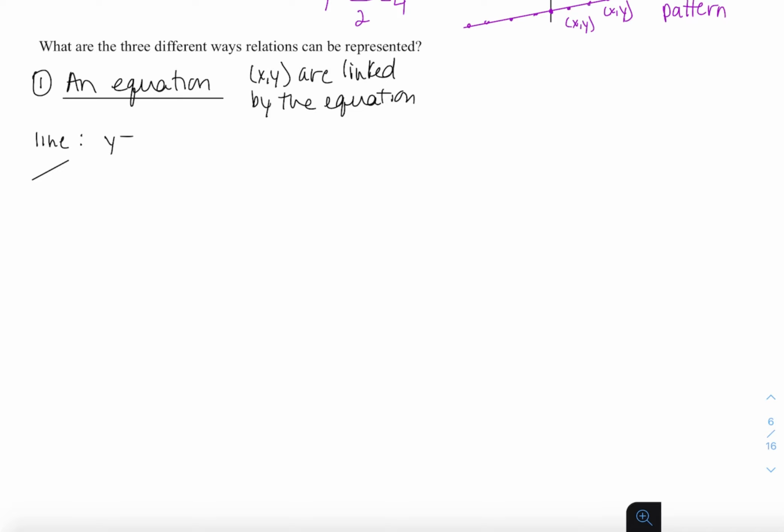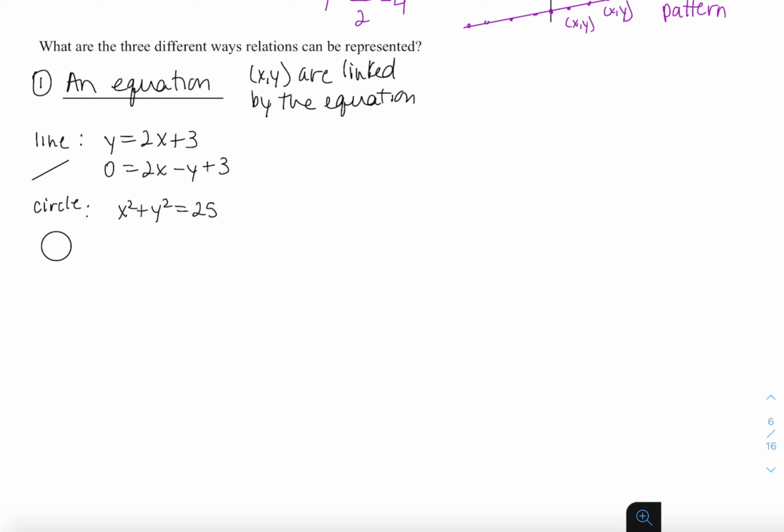So y equals, let's say, 2x plus 3. I can write it like this, or I can write it in standard form if I want. They're both the same. Or how about a circle? I can see all the xy values on the circle would have to obey the equation for the circle.